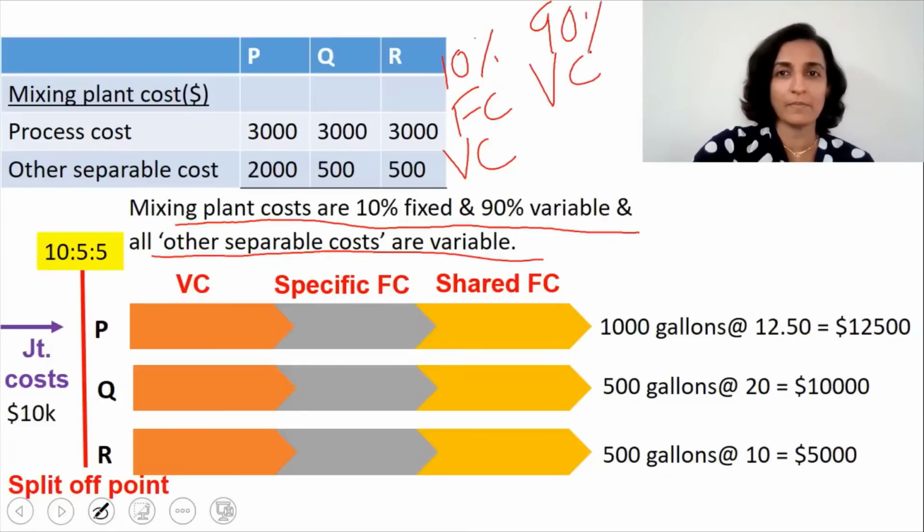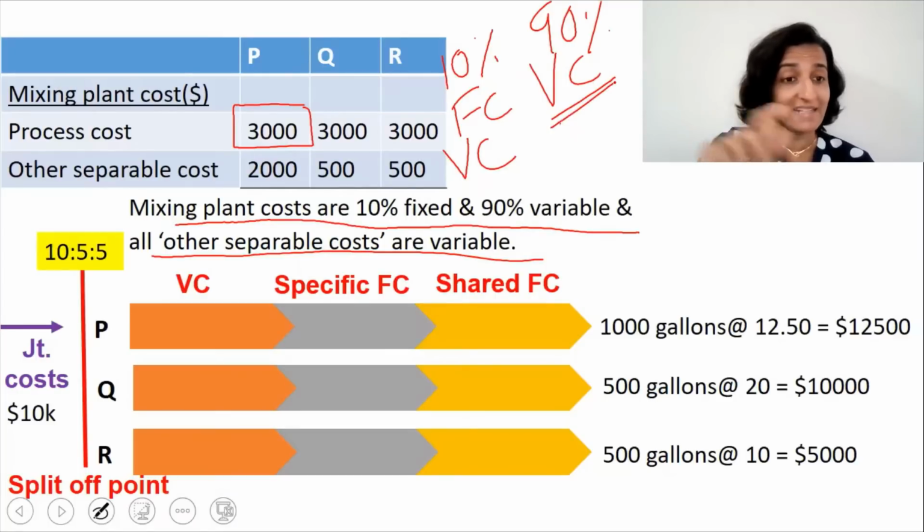Okay. Now what we will do is we will first input the variable cost in our diagram. So as far as product P is concerned, please listen very carefully. $3,000 is the process cost, out of which 90% is variable. So 3,000 into 90% should come here. What is 3,000 into 90%? It is $2,700 plus the variable cost of $2,000.